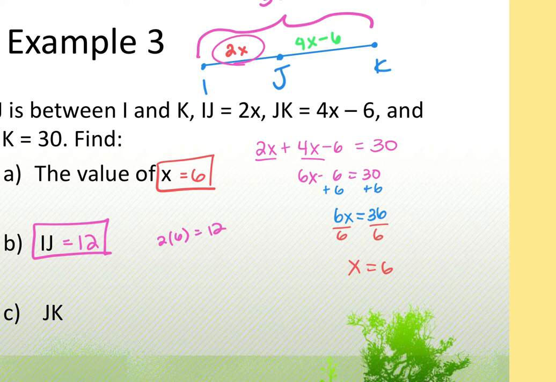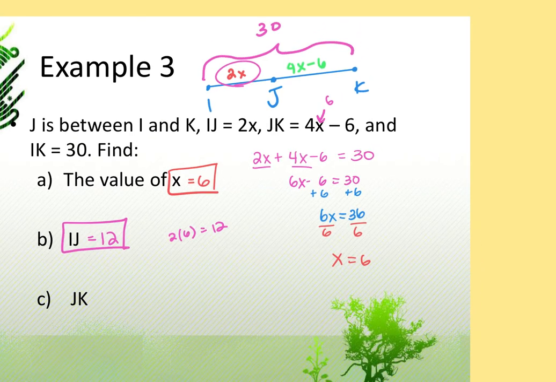Plug it back into JK so I can plug 6 in here. What's the other way? Subtract it from 30. Good. We know the whole. We know one part is 12. We could just subtract it from 30. 30 minus 12. Either way, and if you need to do it both ways, you could. So this would be 24 minus 6, which is 18. This is also 18.